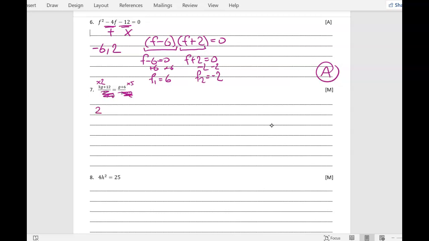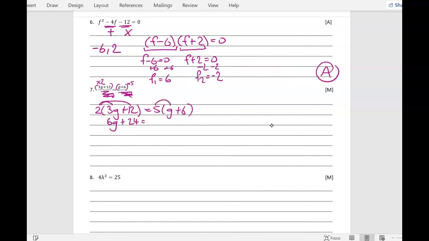That leaves us with 2, and then in brackets 3G plus 12. And just a reminder, that's because there are invisible brackets on the top of those. And that's going to be equal to 5 times (G plus 6). We then expand. 2 times 3G is 6G, 2 times 12 is plus 24.